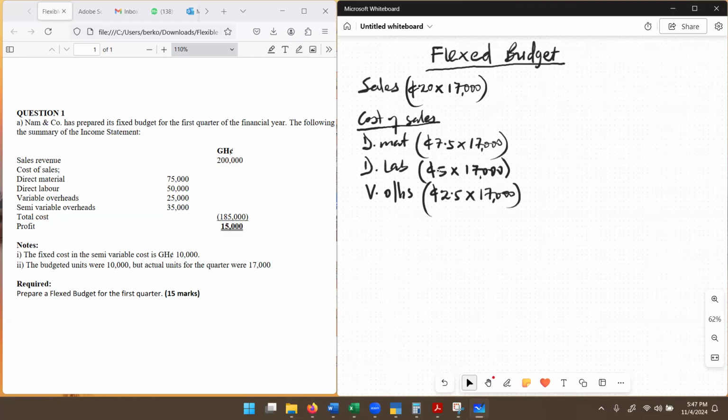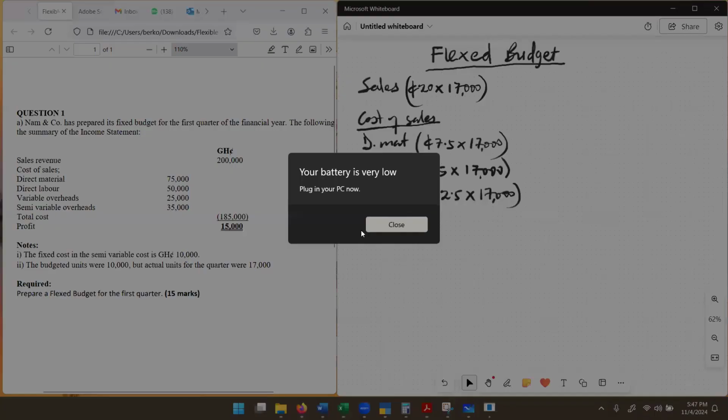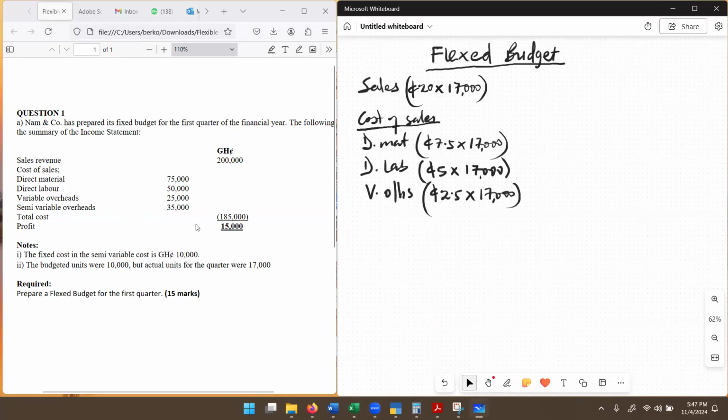And then we've been told that for the semi-variable overheads, the fixed cost in the semi-variable is what? 10,000. So fixed is 10,000, and the total amount is 35,000, because we know the fixed plus the variable will give the total.